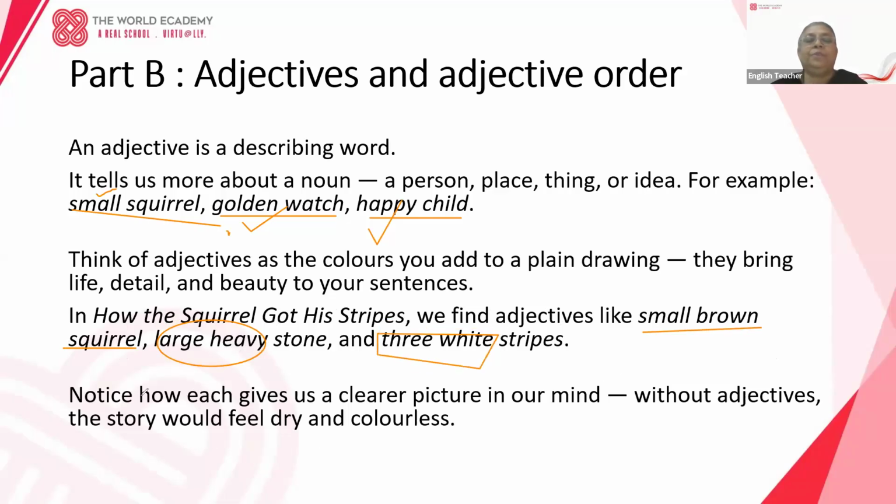Okay, so we are going to go through the adjective order. When we have more than two or three adjectives, how are we supposed to order them? That's what we are going to understand in our next slide.